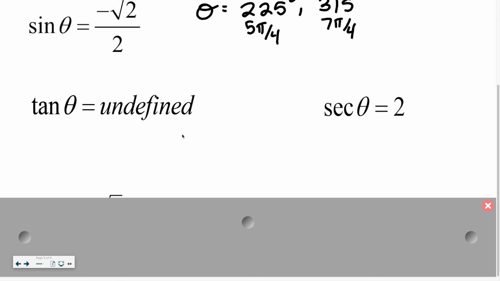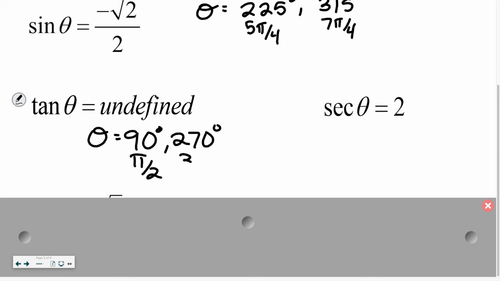So if you're thinking about tangent, isn't tangent defined as y divided by x? So that means that your x has to be 0. You're not moving left or right. Therefore, you're on the vertical axis. What angles are those? 90 and 270. So you're answering 90 degrees and 270 degrees. And in radians, that's pi over 2 and 3 pi over 2.